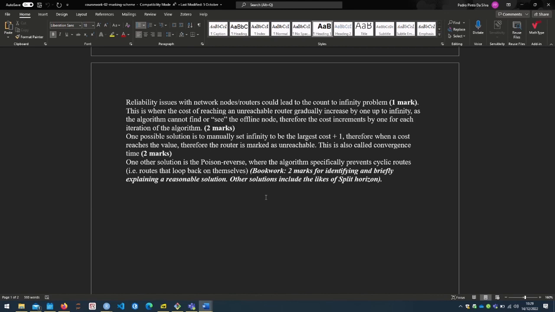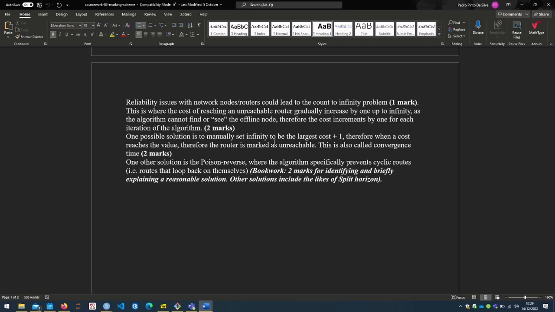And two possible solutions are discussed here. Instead of using infinity or a really large number, you just use the maximum cost that you know of in the network and increment that by 1, and essentially you bring infinity to a much smaller number.